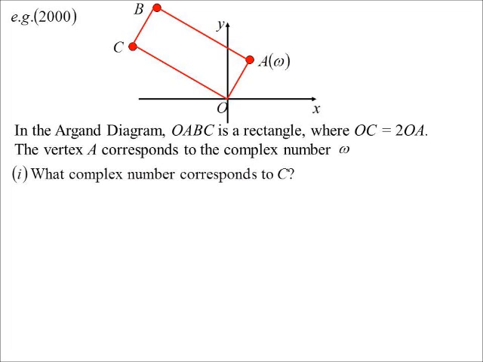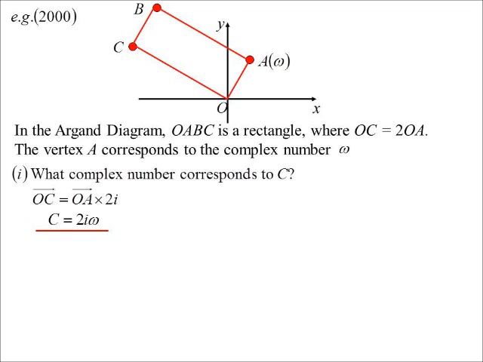So the vector OC will be the vector OA rotated 90 degrees, so that's multiplication by i, but its length has been doubled, so it's multiplication by 2i. OA, I know, is omega minus 0, which is just omega, so C must be 2i times omega, whatever that works out to be.